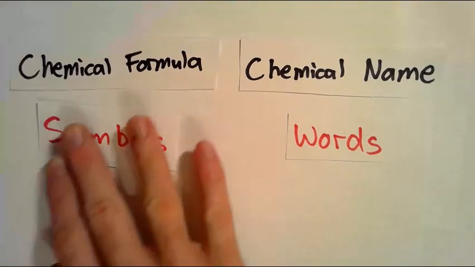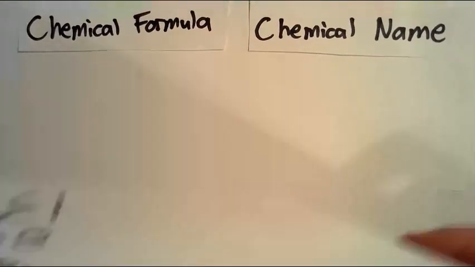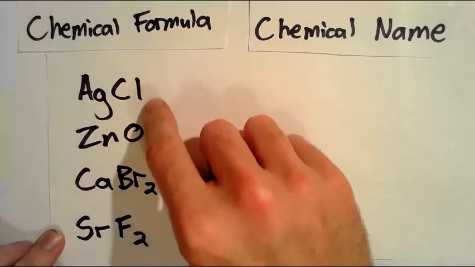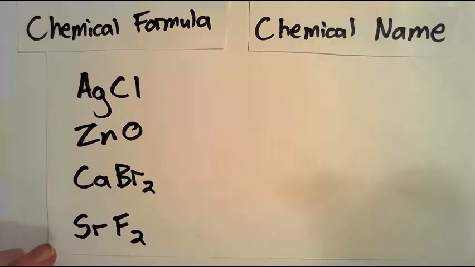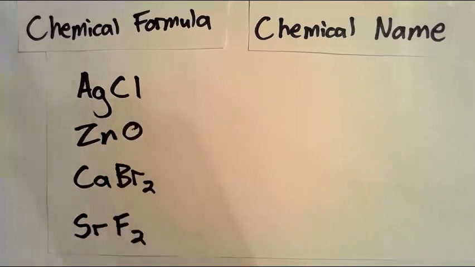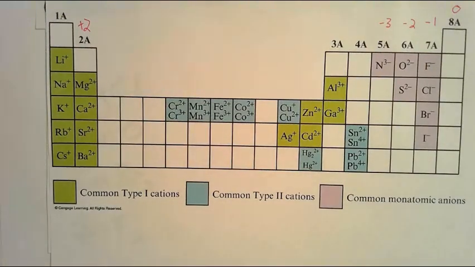Let's do some examples. I'm going to swipe this out, move this up, and put these down here. So I have 4 chemical formulas and I want to know their chemical names. I need to look at AgCl. I could look at this periodic table, but it doesn't actually show me the names.